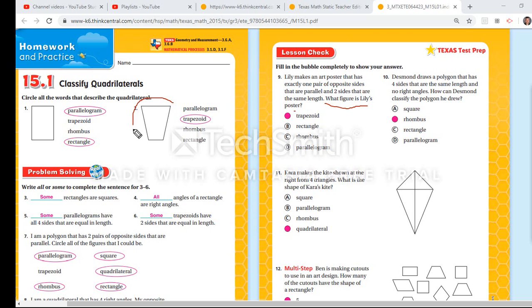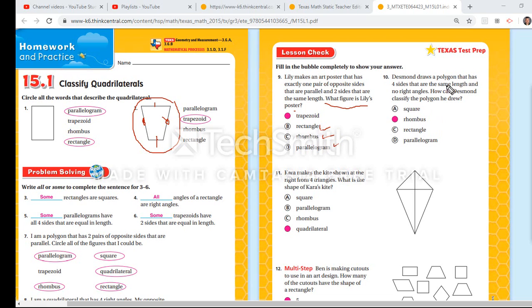And we look at this trapezoid. Okay, one pair of opposite sides that are parallel. Here you go. And then these two sides are of equal length. We already know that's a trapezoid. Each one of these has all four sides that are equal in length. All four sides. So by the process of elimination, you can figure these out.